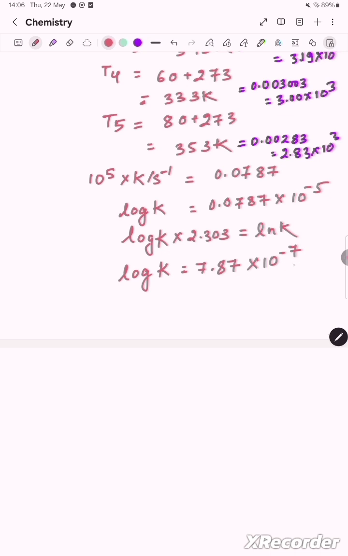So we know that 10 to the power minus 7 will become minus 7 log 10, that is 1, plus log 7.87 value, that will become equal to 0.896. Now after calculating, this will become minus 6.104.